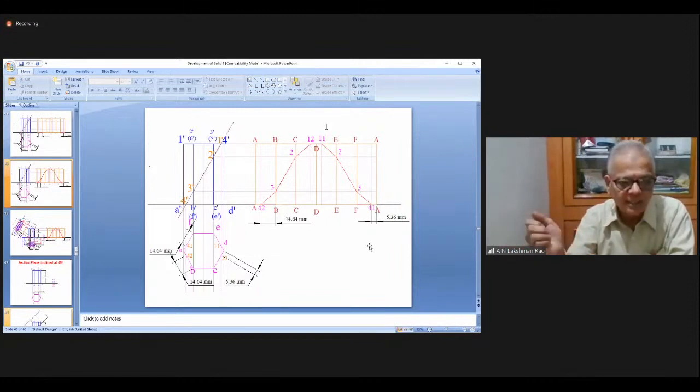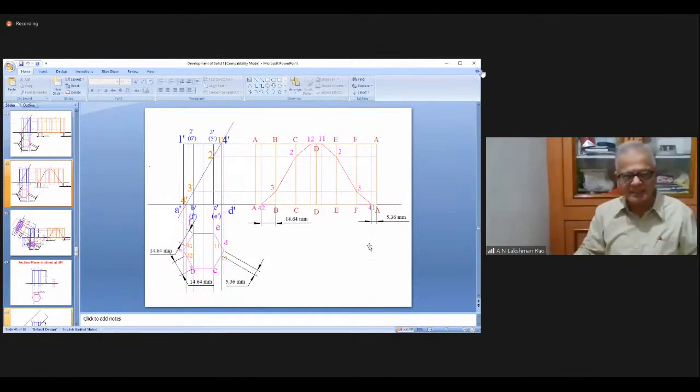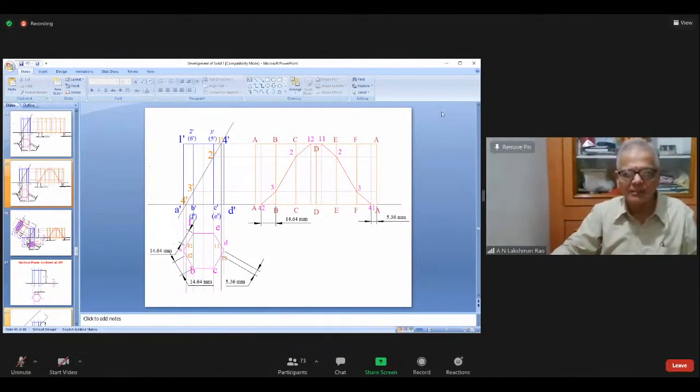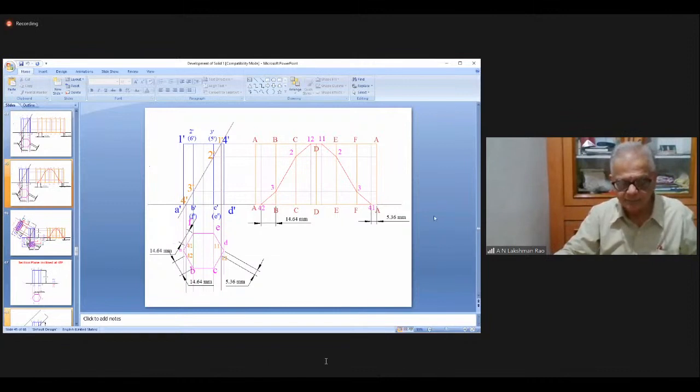Pass mark is only 26. One problem on sections, another on development, 2 problems are sufficient. So you must practice. Don't see the PPT 10 times and say, I know it. What you know, only in the examination hall you will understand, not before. So don't take the risk.